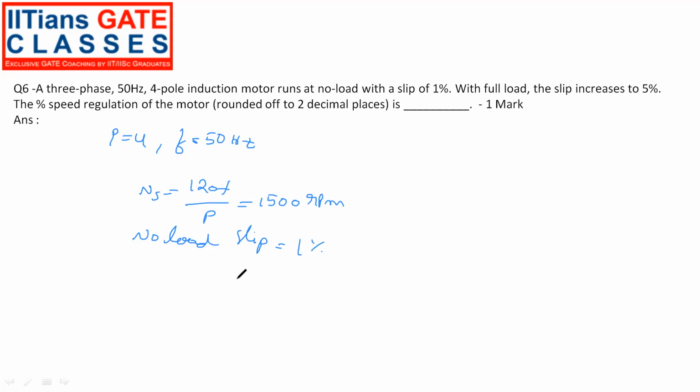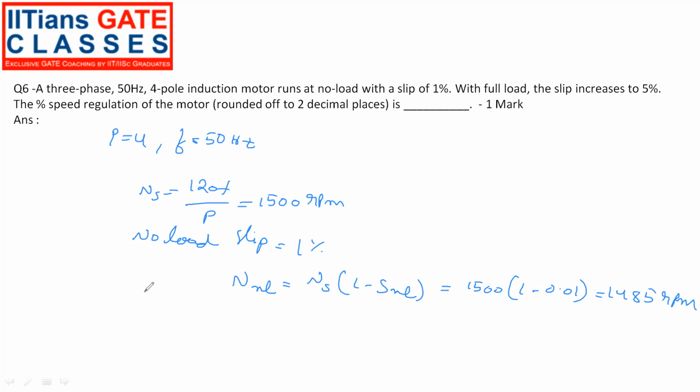So the no load speed N_NL equals synchronous speed into 1 minus slip no load. This equals 1500 into 1 minus 0.01 because it is 1%. So you'll be getting 1485 RPM.